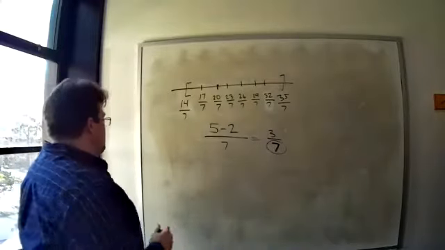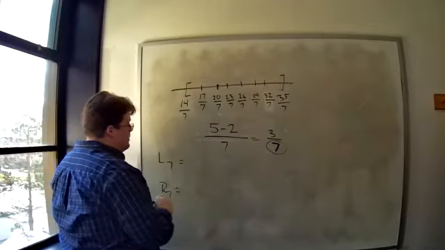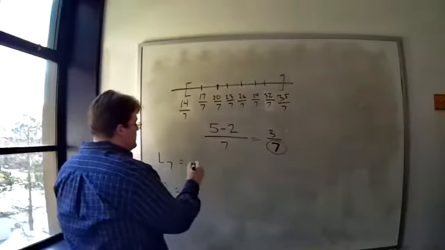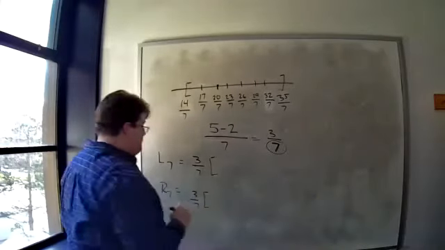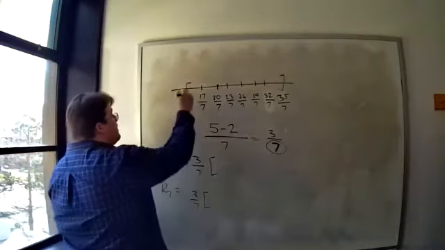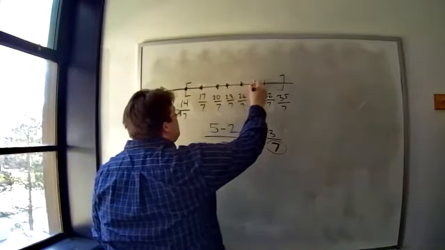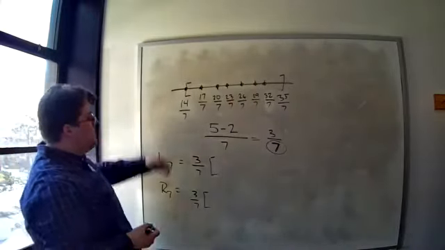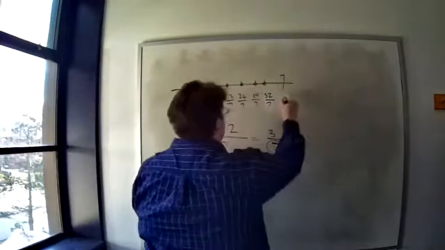But now we need our approximations, L7 and R7. With our approximations, we're still using rectangles, and one side of the rectangle is still 3/7 in each case. But the other side for the left-hand approximation is determined by the left endpoints of those 7 subintervals. We'll start here at 14/7, and for this I'm just going to change that back to a 2, because we don't want unreduced fractions all over the place.